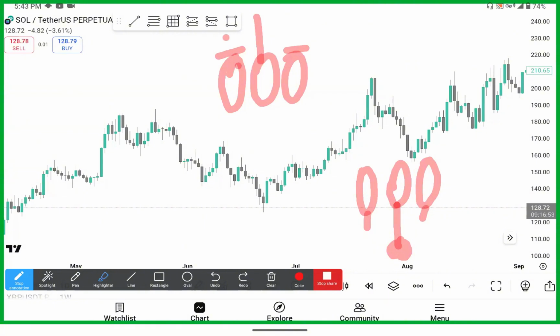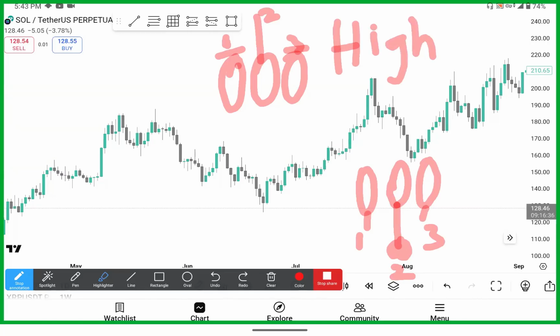So this is the first candle, the second candle, third candle. So the second candle is always higher or lower. That is what we now call a swing high.